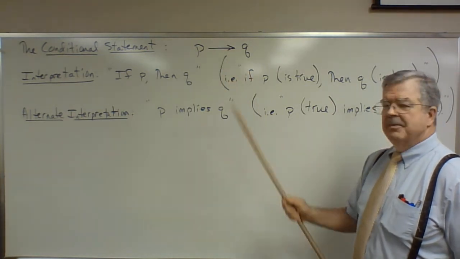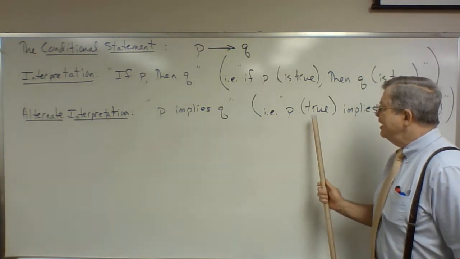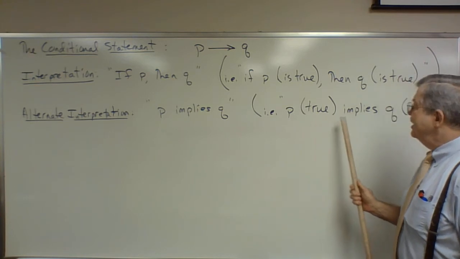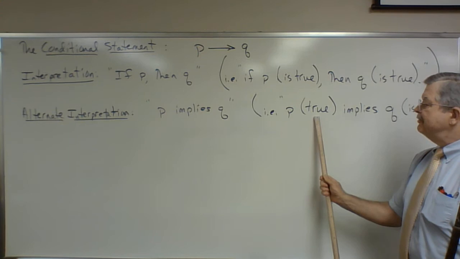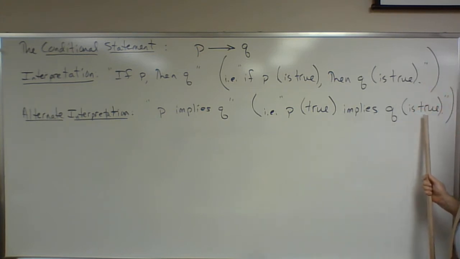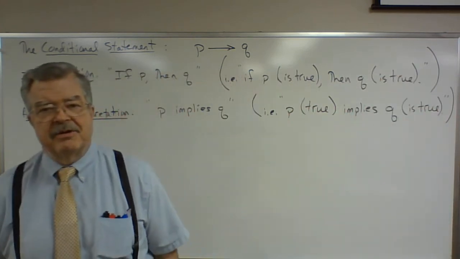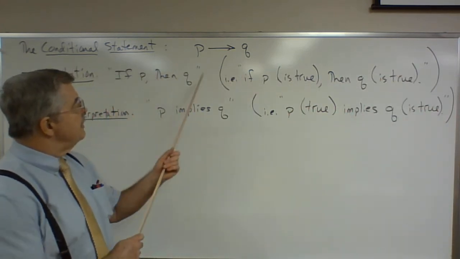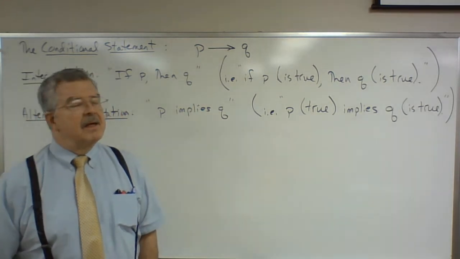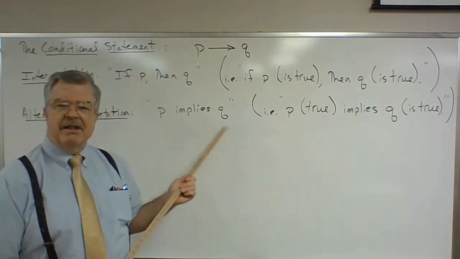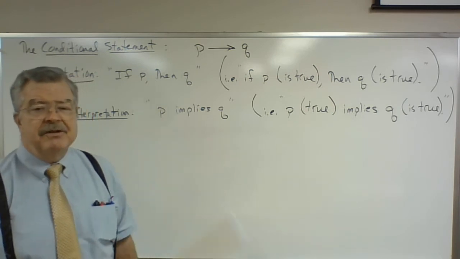In English, what this really means is that P being true implies that Q is true. That's our alternate interpretation, and these two interpretations are equivalent. Now, to get the sense of exactly what this means and exactly what it doesn't mean, let's look at an example.